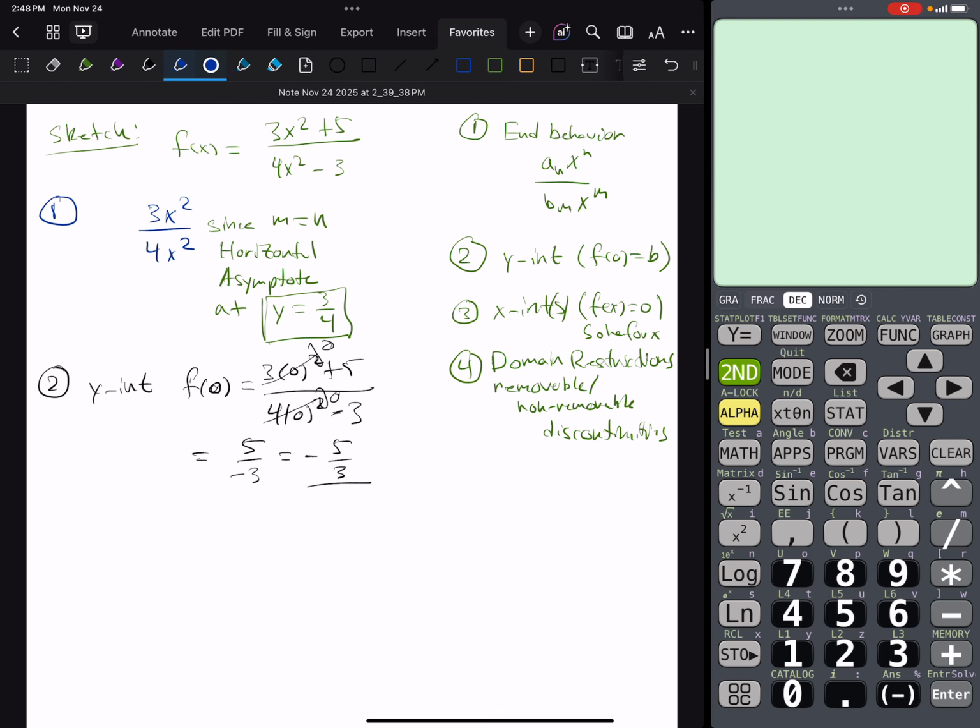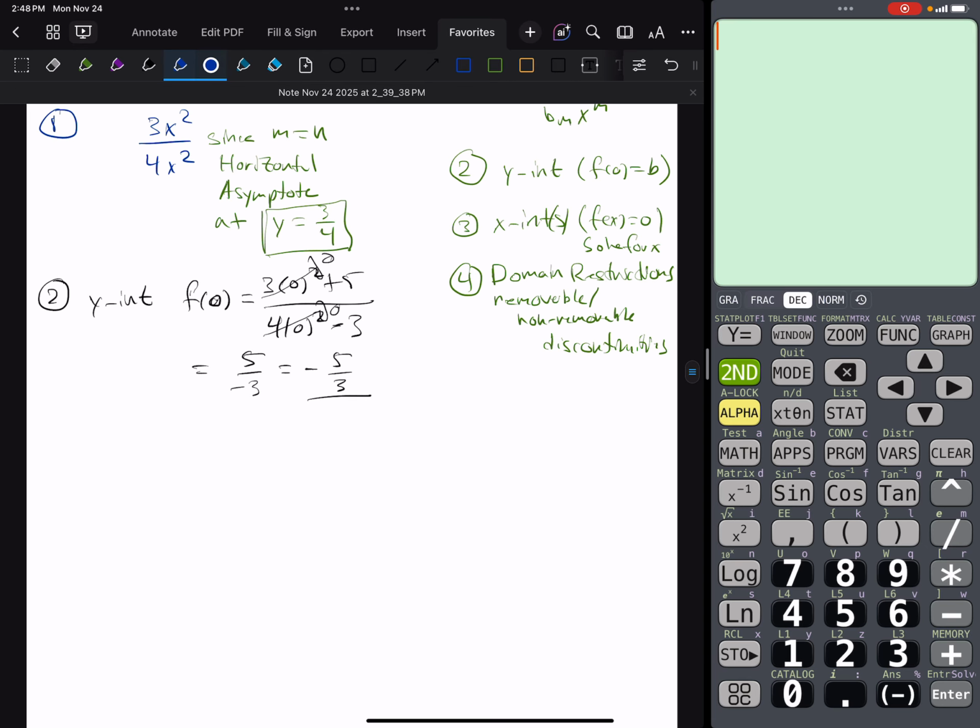Making some progress, so a little more to do. Now I'm going to find my x-intercepts. To do that, I'm going to take my f of x, set it equal to 0, and solve for x.